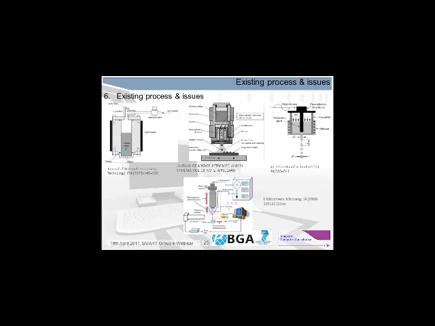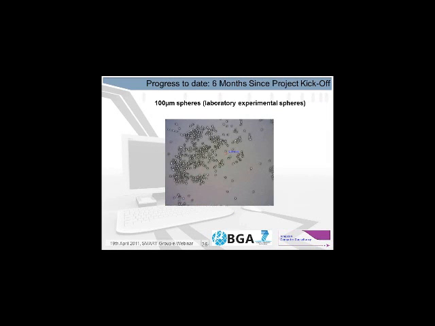And breaking news, what I'd like to show you here is some breaking news on the 100 micron spheres that we've produced within the first year of the project. As you can imagine, it's quite a happy moment for us. These were just produced this week, almost on order for the Smart Group webinar.